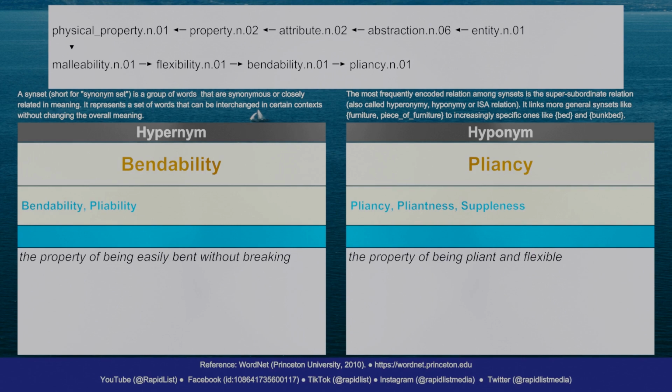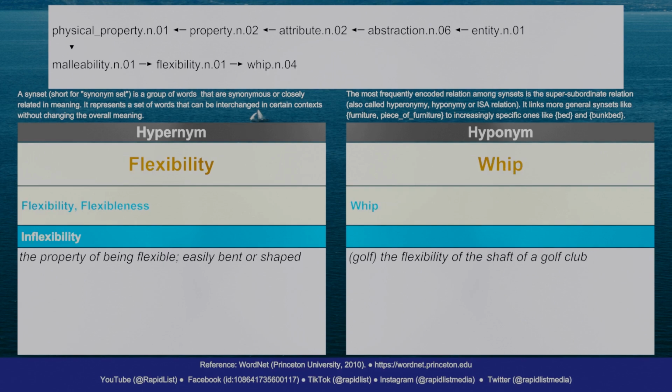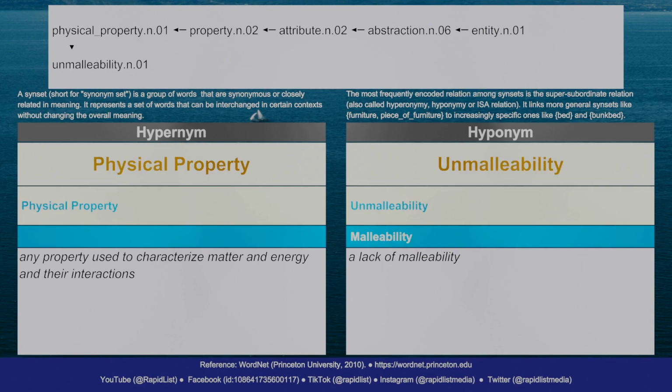The property of being pliant and flexible. Whip. Golf, the flexibility of the shaft of a golf club. Unmalleability. The lack of malleability.